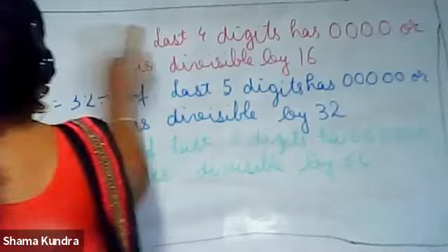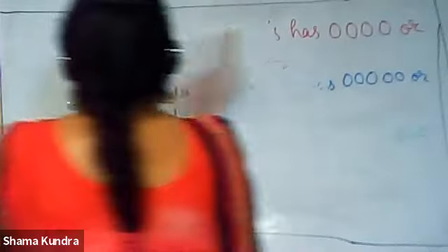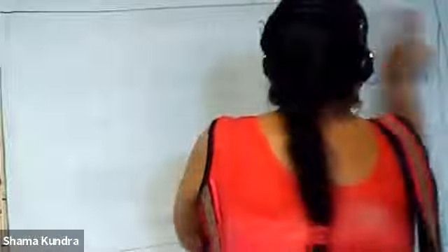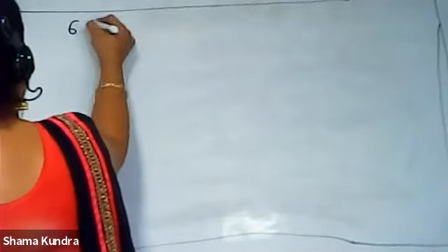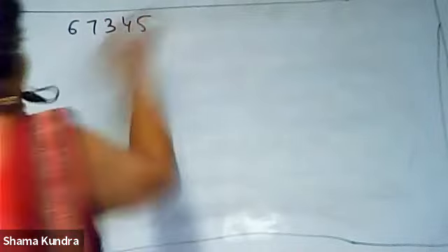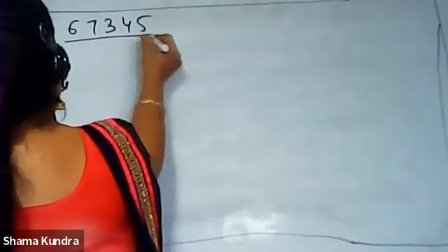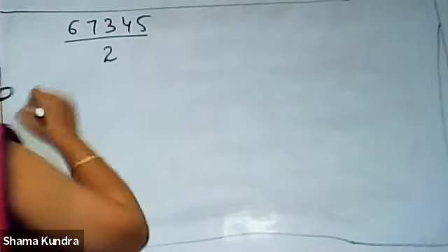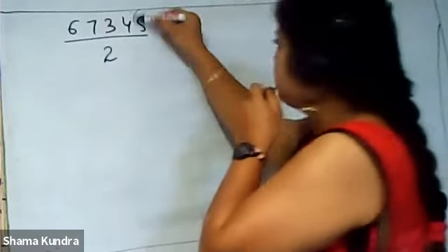Now I will discuss some examples based on these rules. For example, if we have the number 67345 and we divide it by 2, we take the last digit.